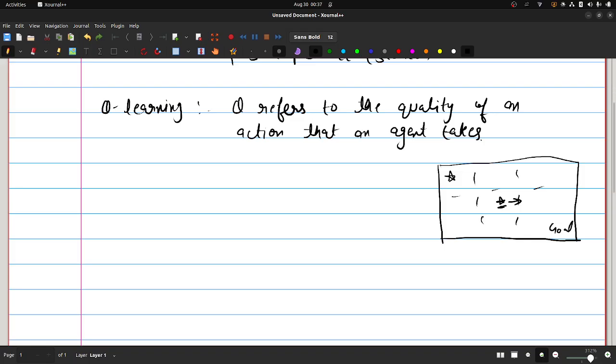There are other parameters as well, like the learning rate, which determines how fast the agent is learning, and which is denoted by alpha.